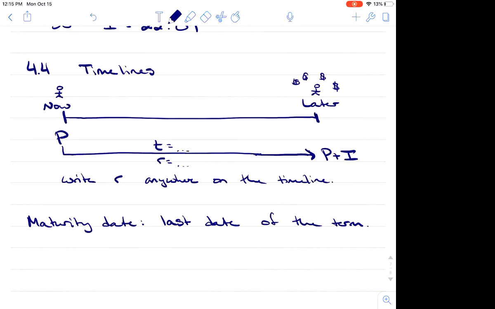So for a complete timeline, I'll highlight it, right? You're going to have the time and the actual timeline, until what date? And then the amount that you've invested with an arrow to this, the principal that you invested plus the amount of interest that you've made over some amount of time.